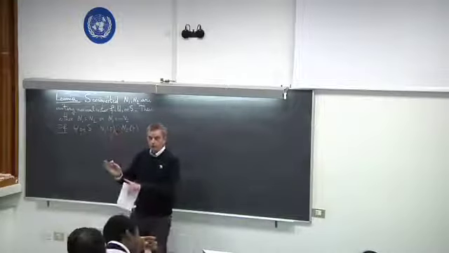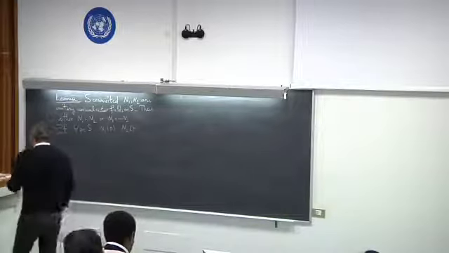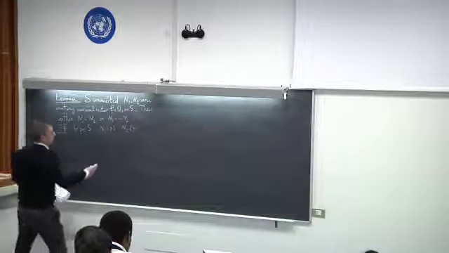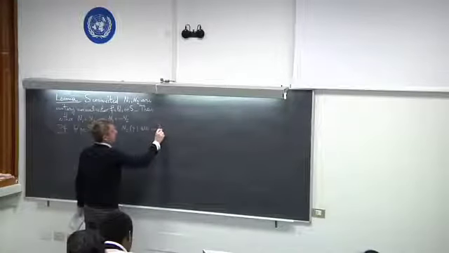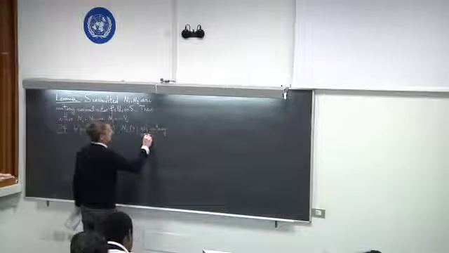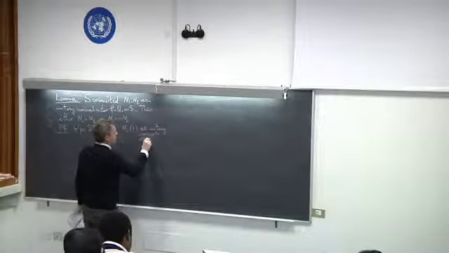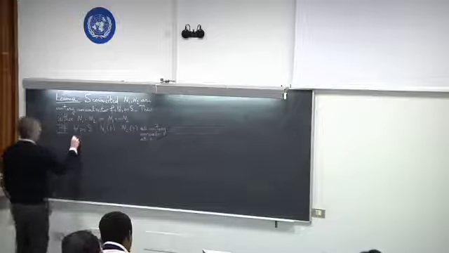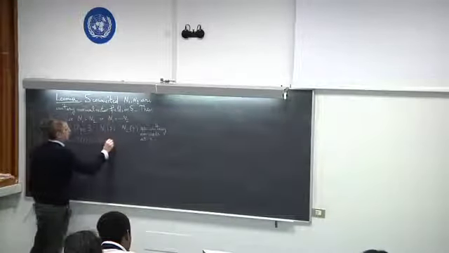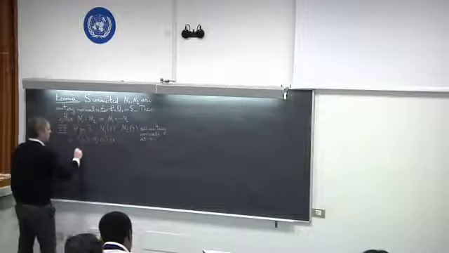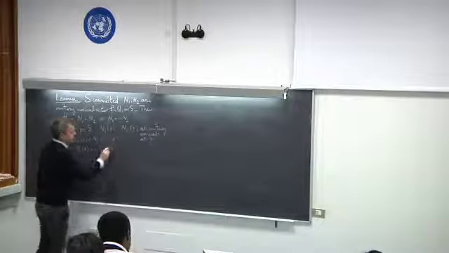So either they are the same or they are opposite. There is no choice. Okay? So these are unitary normals at P. So N1 at P is equal N2 at P, or N1 at P is equal minus N2 at P. Okay?